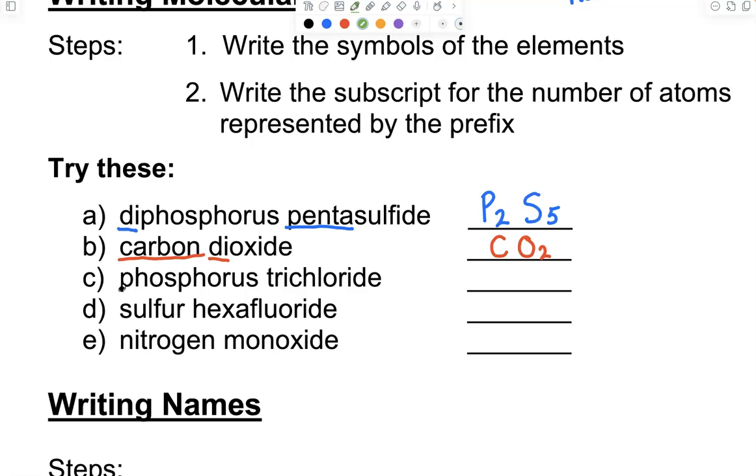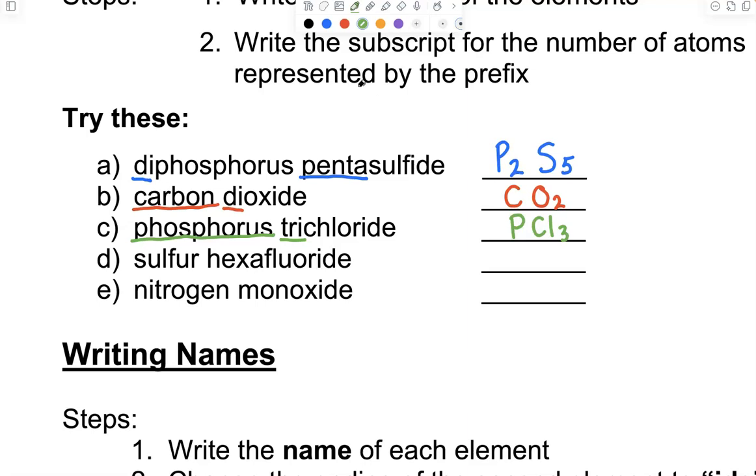Okay, next we have phosphorus trichloride. Since it's just phosphorus, we have P. Trichloride, this chloride is chlorine. Trichloride, just like a tricycle, is going to be 3. So we have PCl3.